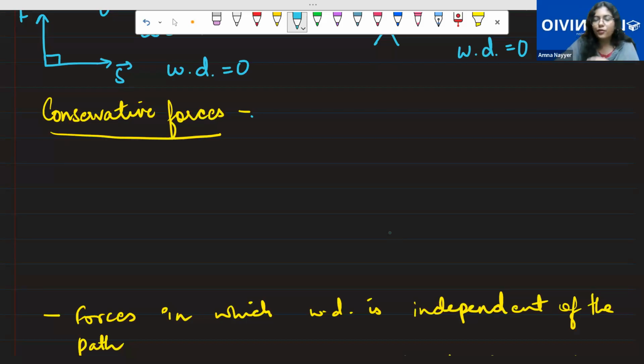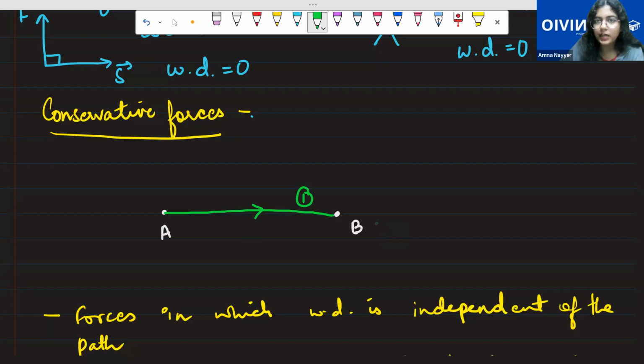So, conservative forces mean if I say, look, I say this is point A and this is the point B. Now, if I am doing the work, let's say if I go from A to B like this is one possibility.